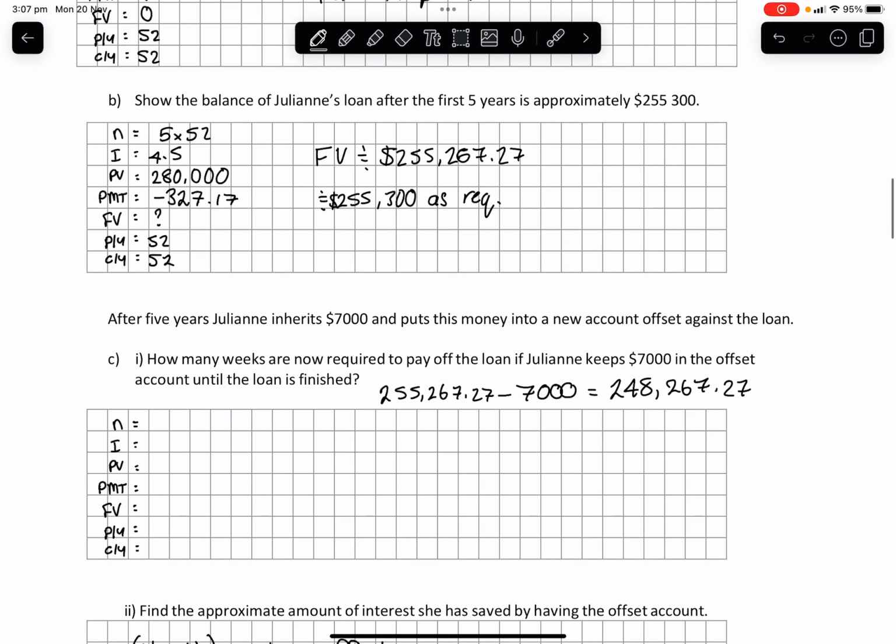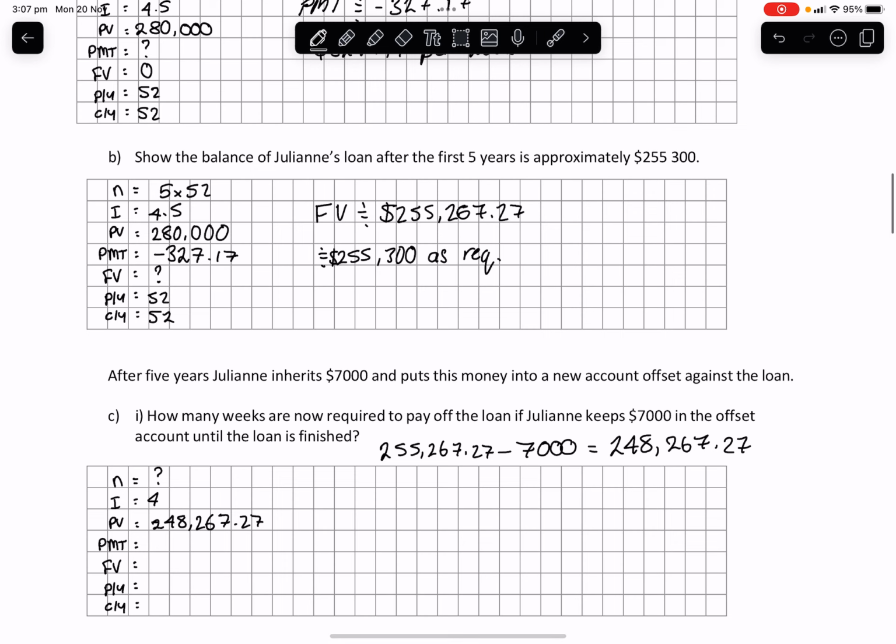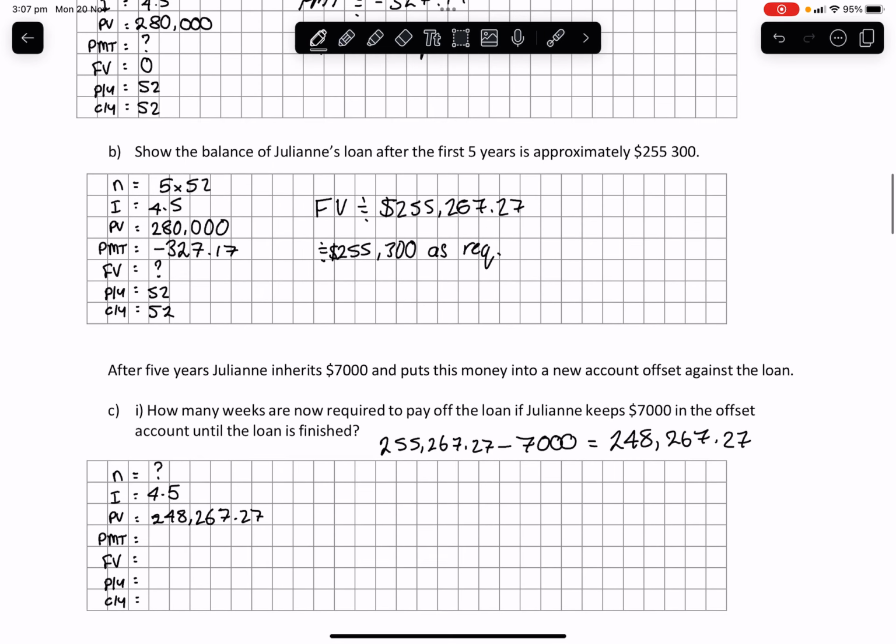So this is the value we put in for our PV. Let's put that in now. So we've got 248,267.27. We want to find the N. Now we're looking at 4.5% still. We've still got the same PMT, 327.17.